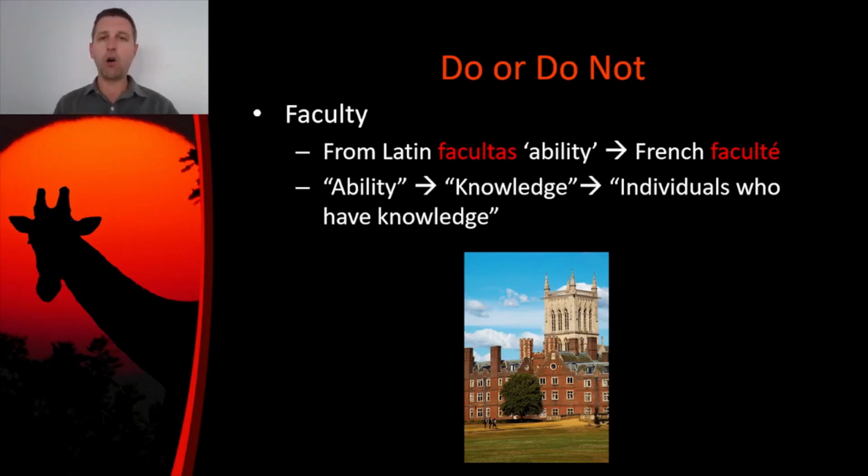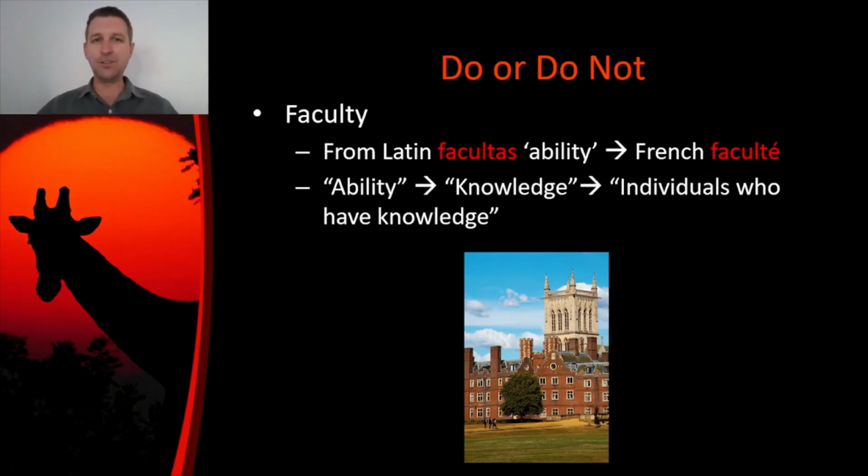However, the word has evolved further in the English language, and one of the most common ways that we use the word faculty today is to refer to individuals, usually who work at an institute of higher education, because they are individuals who have knowledge. So if we talk about the faculty of a particular university, the knowledge of the university is stored in all of those people's brains.